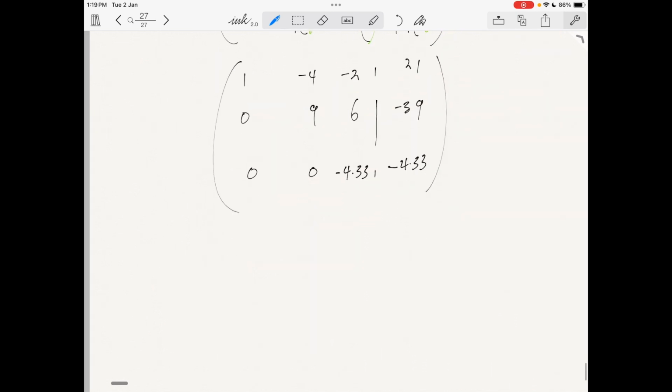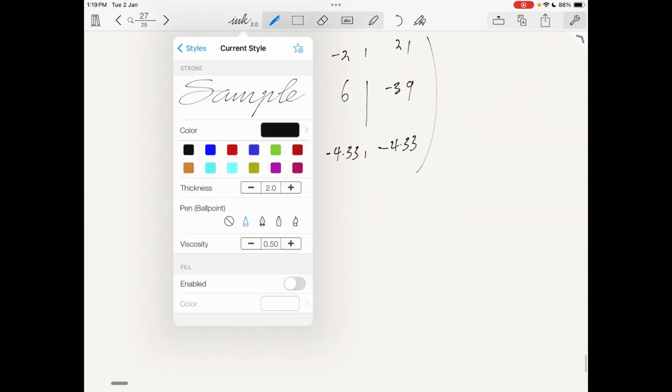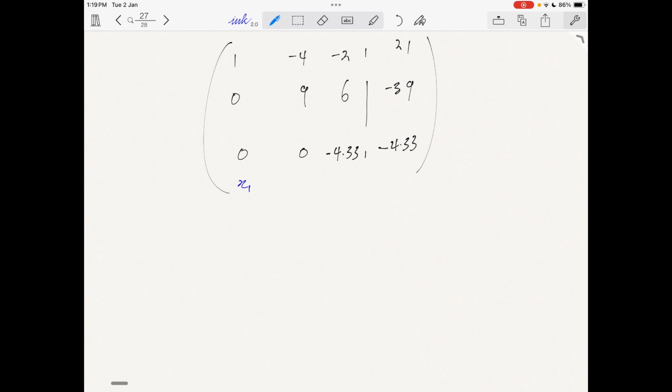Now, just like we did earlier in our first example, we have x1, x2, and x3. Take the last row first: 0x1 plus 0x2 minus 4.33x3 is equal to minus 4.33. So these two turn to 0, and we have minus 4.33x3 equals minus 4.33. So our x3 is equal to 1.